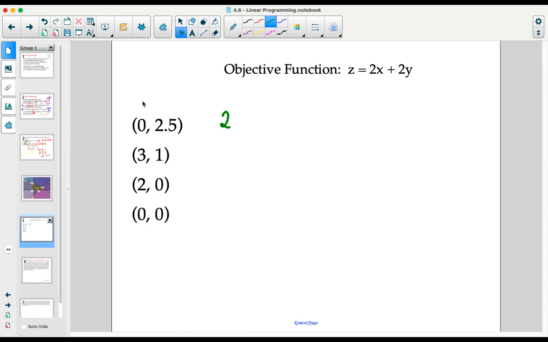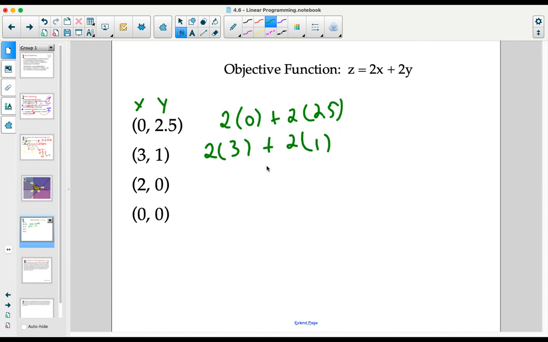So we're going to take these points, here's our x's and here's our y's, and one at a time, we're just going to sub each one of those x's and y's in to their respective spots. And we're going to evaluate each one of these expressions and see which one has the largest value.